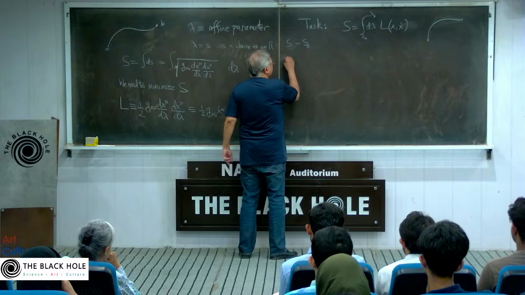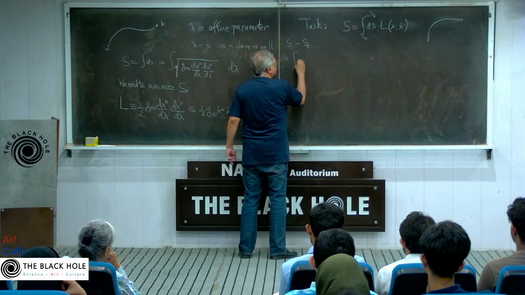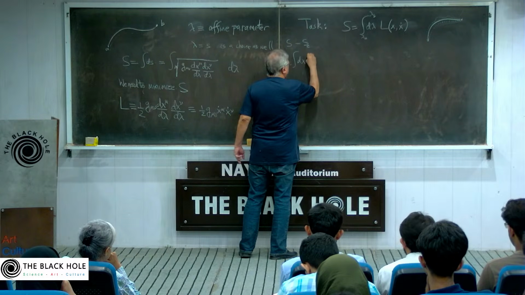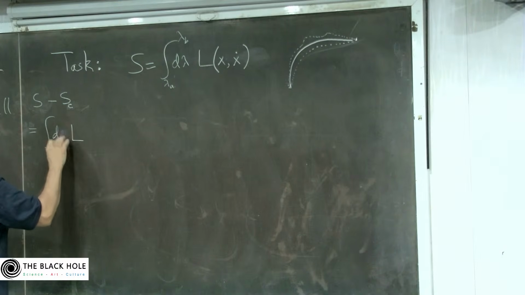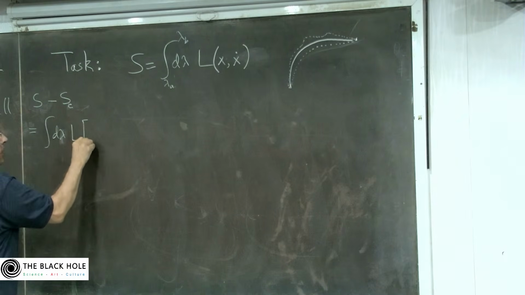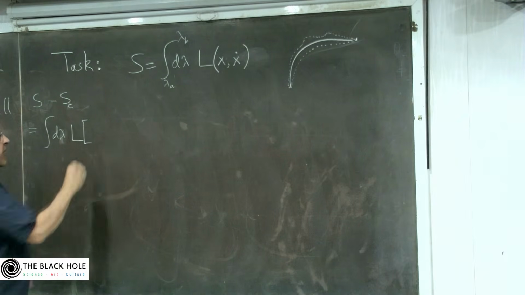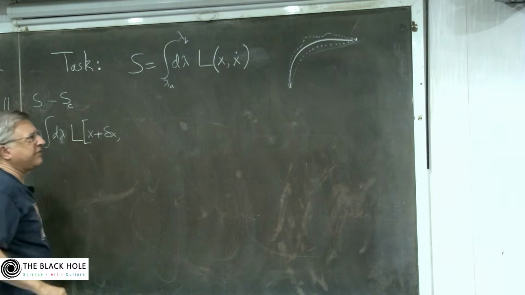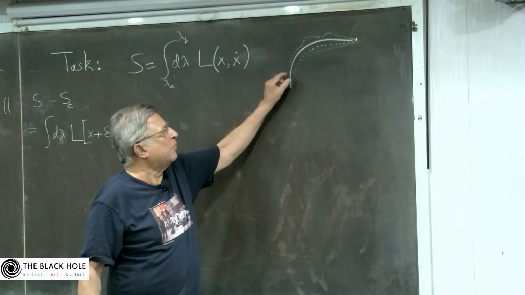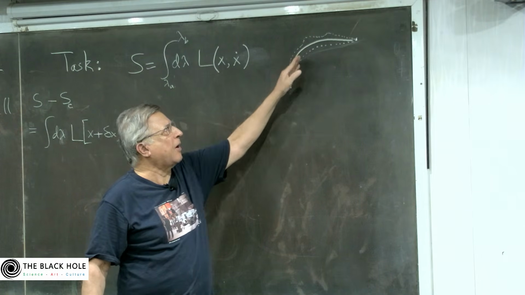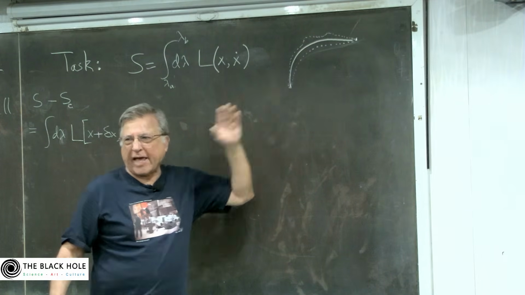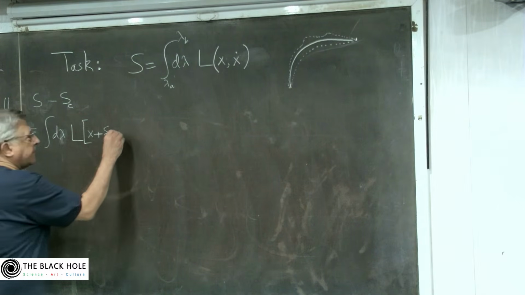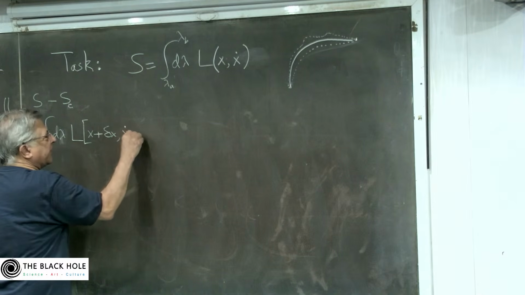Then this is equal to, and now L depends upon x. What I've done is I've now taken a different path, so that path is x plus something small. And I've also shifted this.